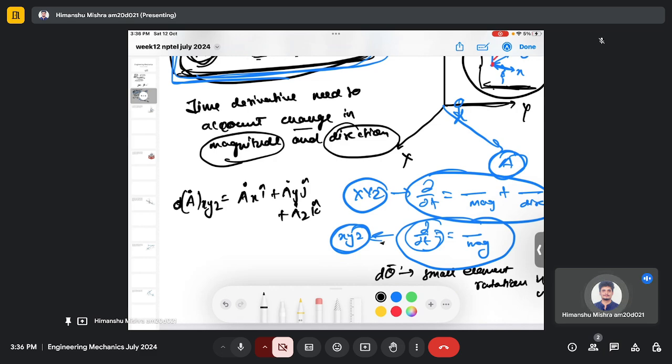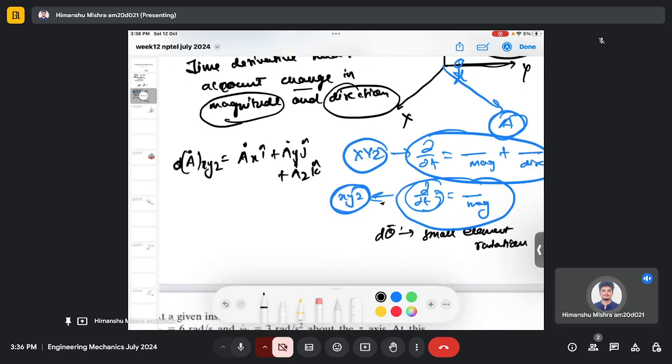Now if you want to write the rate of change of vector A with respect to the inertial frame, the fixed frame of reference, then it will be A dot.